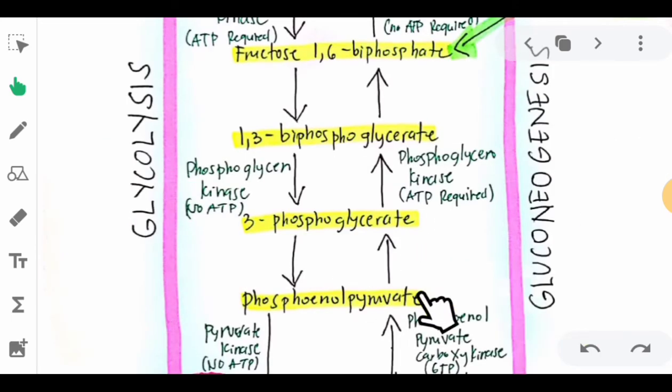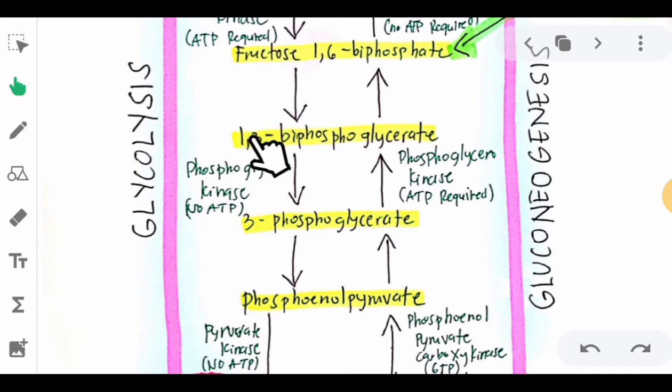Once it has been converted into phosphoenolpyruvate, that will be converted into 3-phosphoglycerate. And the 3-phosphoglycerate will be converted into 1,3-bisphosphoglycerate. Notice that the enzyme used here is the same, but in this case no ATP is required, because in glycolysis this is a breakdown of phosphate.